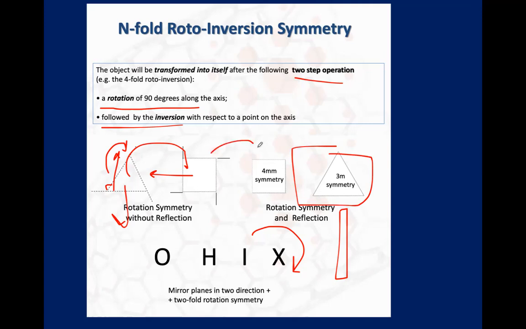For the square also, you see same type of rotation and inversion, right? So it's kind of a mirror plane in two direction. In other words, you can have this shape, and finally you end up with like this, right?